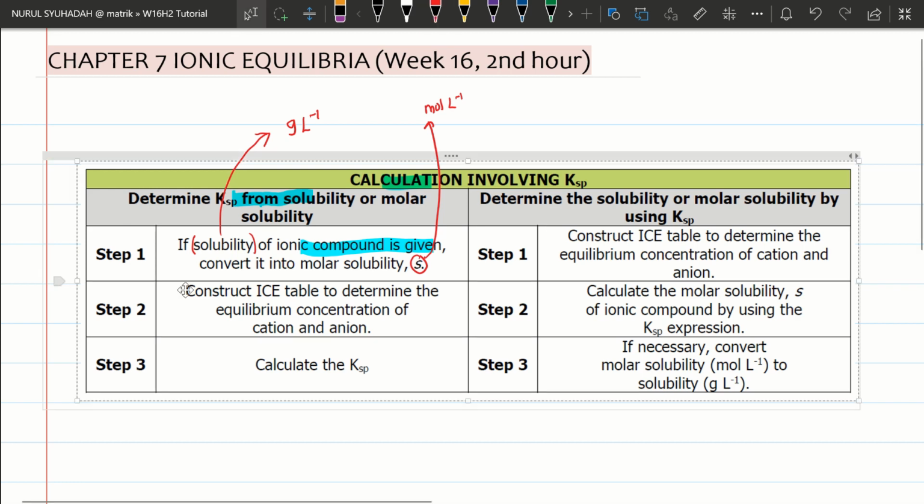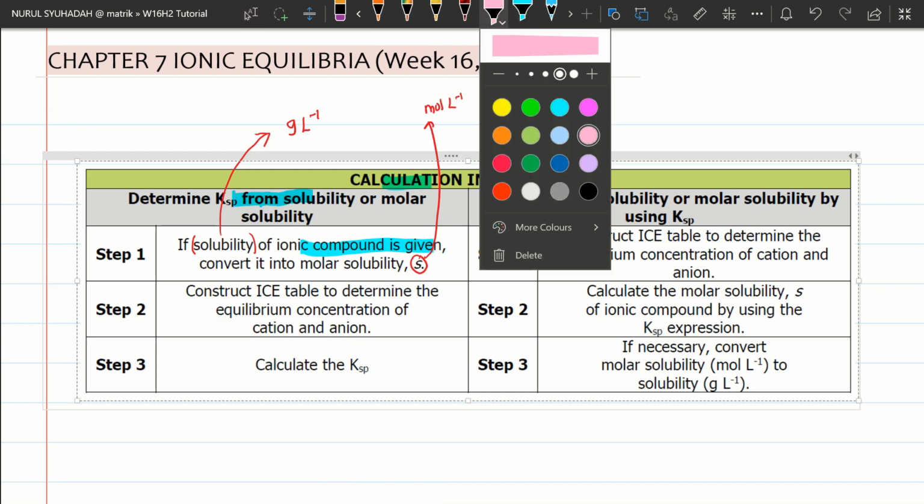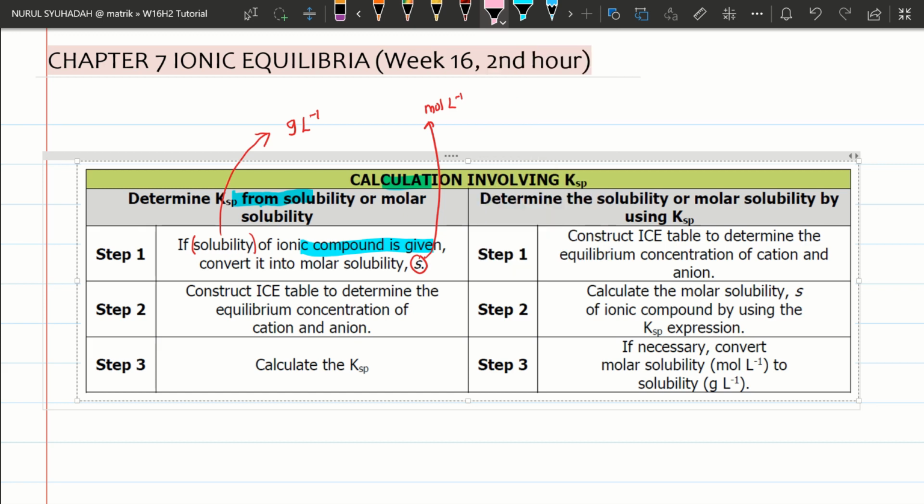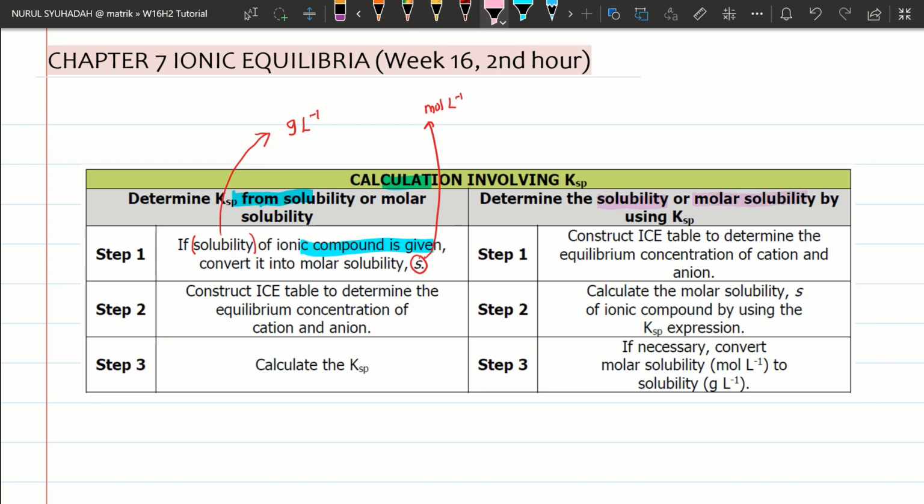Okay, and then step yang kedua, construct ice table to determine the equilibrium concentration of cation and anion yang dekat sebelah produk tadi. Dan step 3, calculate KSP. Okay, itu contoh soalan yang pertama. Okay, atau contoh soalan yang kedua, the second type of question is dia minta determine solubility or molar solubility by using KSP. The question will give you the value of KSP first.